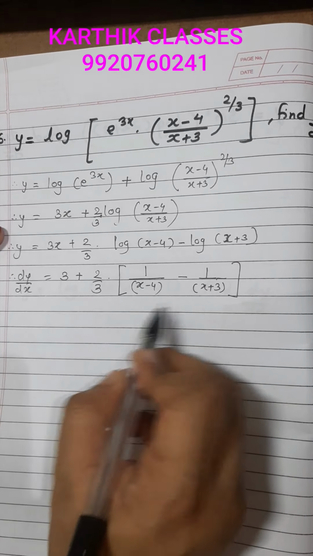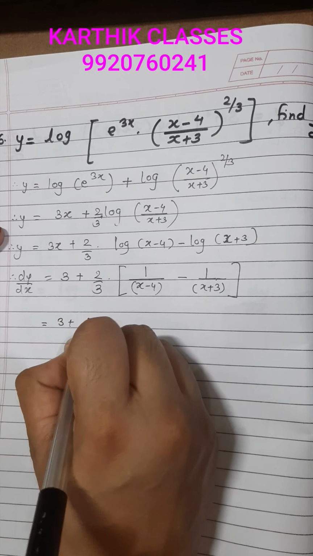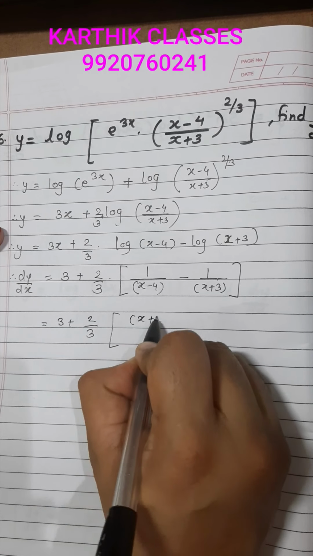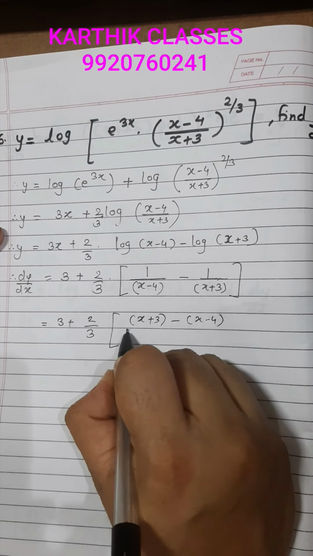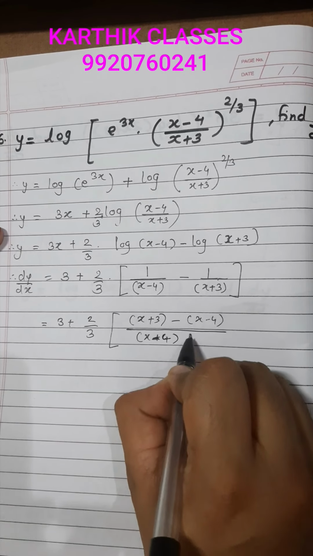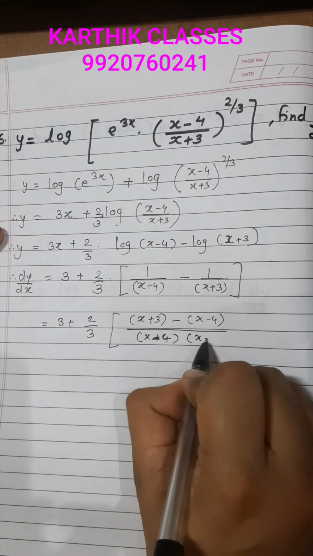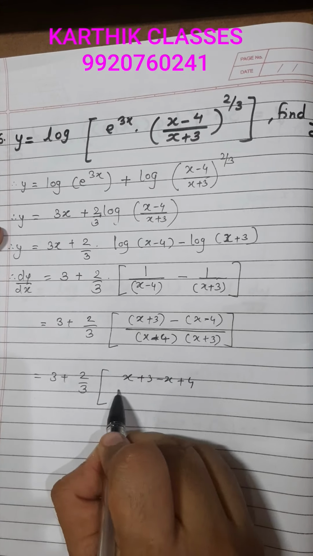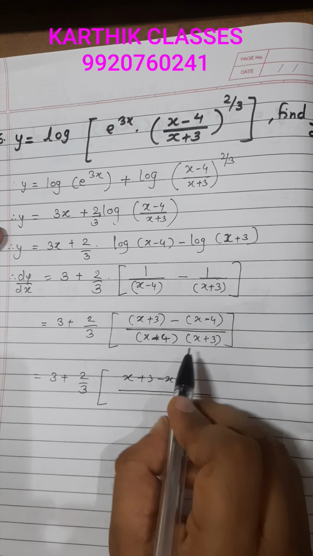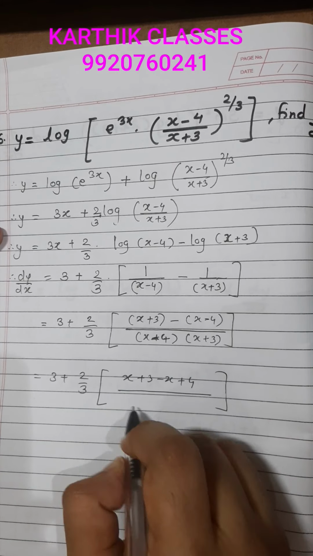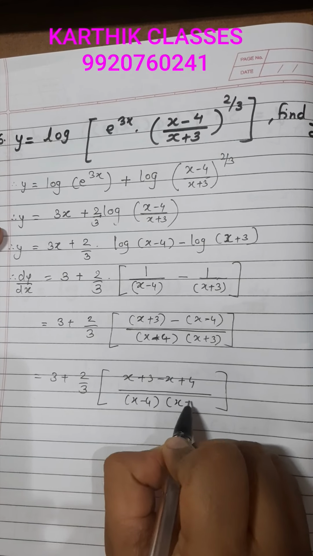If you want, you can just solve this. So that is 3 plus 2 by 3. Now what I will do is take the LCM of this. So this x plus 3 comes here, x minus 4, and then x minus 4 into x plus 3. So just go on solving. x plus 3 minus x plus 4 upon, if I expand this, it becomes x square minus x minus 12, but you can keep it as it is.